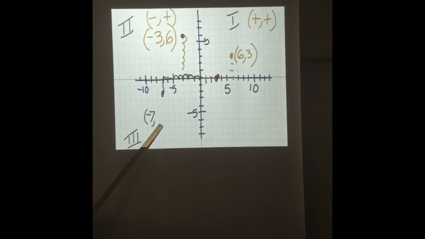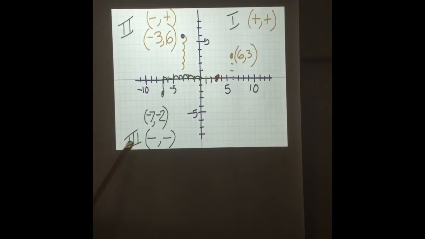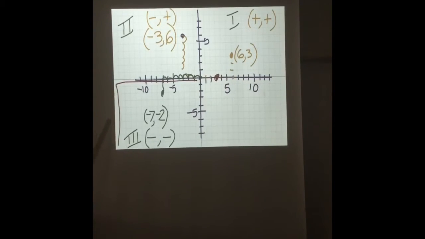Is that a positive 2 or a negative 2? Right, it's a negative 2. Good job. So this is a negative, comma, negative area. And that's what this whole quadrant 3 is: if it's a negative number and a negative number, it's in quadrant 3. Okay?